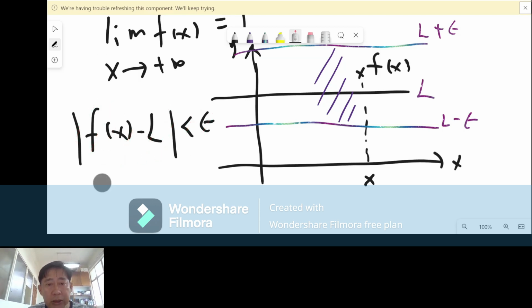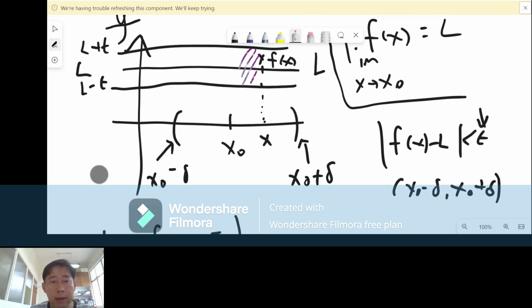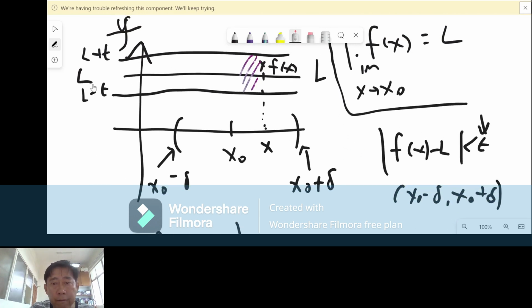So in the case of an internal point, the open interval is a limited region in the x space that is constrained to lie in the delta interval.